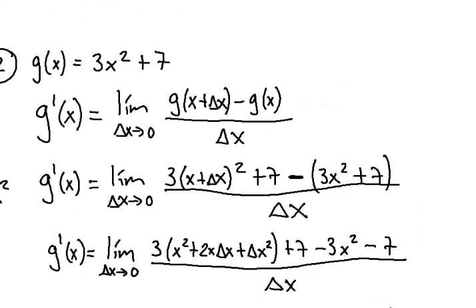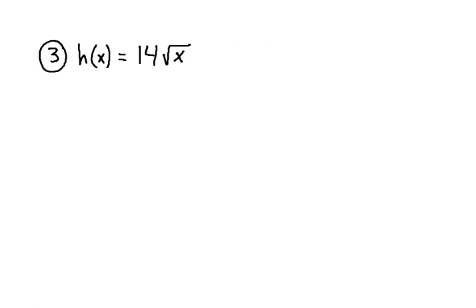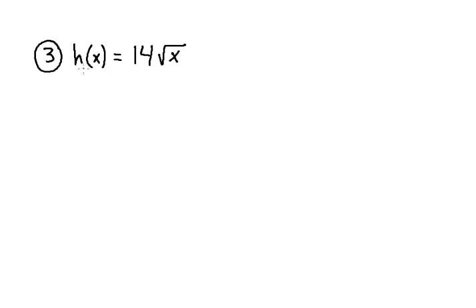So the last case that we're missing will be a case where we need to rationalize. So let's see what we need to do when we rationalize. Okay, in this case, the function has been given the name h, which means the formula that I'm going to use is going to have the letter h, not the letter f, neither the letter g.